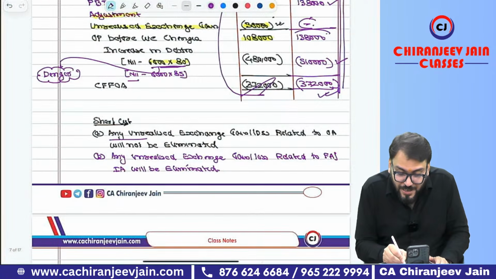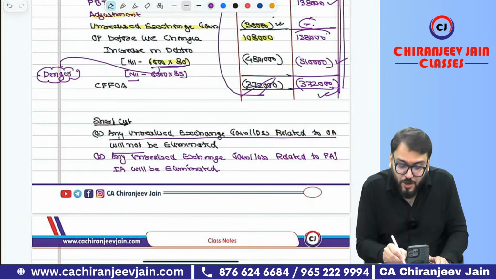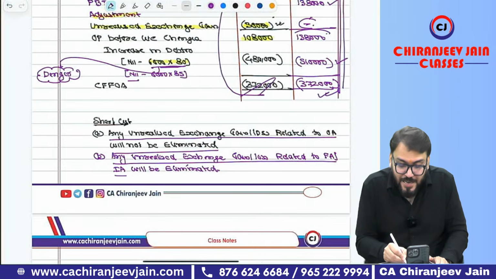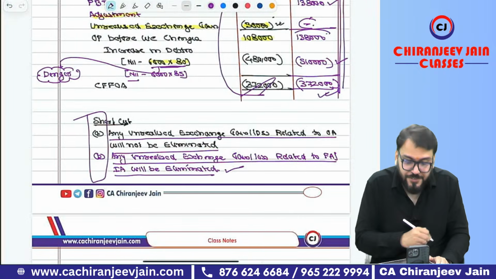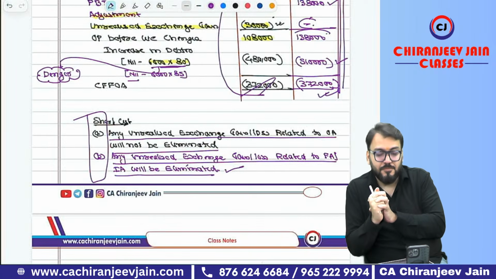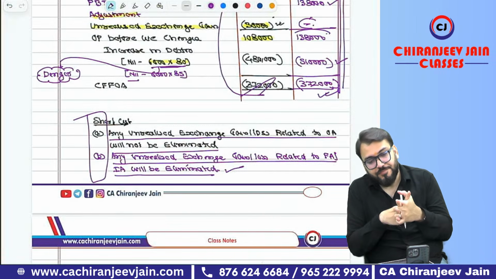Any unrealized exchange gain or loss related to operating activities will not be eliminated, but any unrealized exchange gain or loss related to financing and investing activities will be eliminated. Have you understood this point?